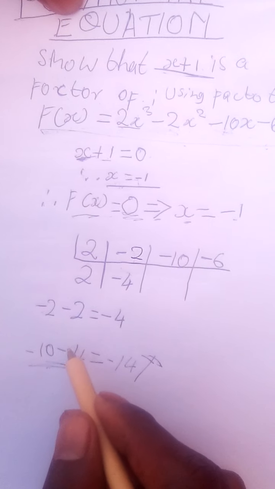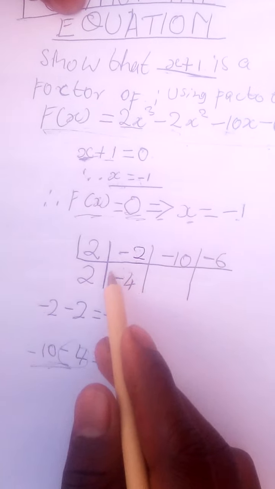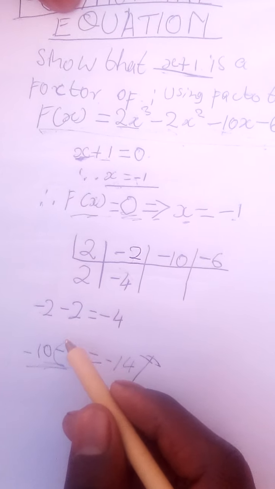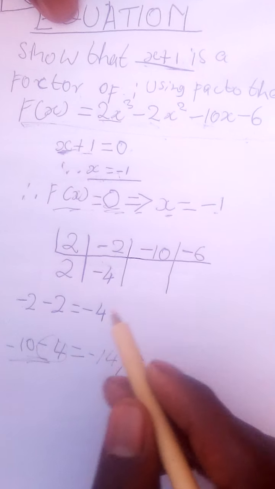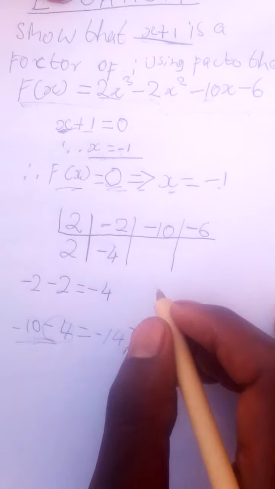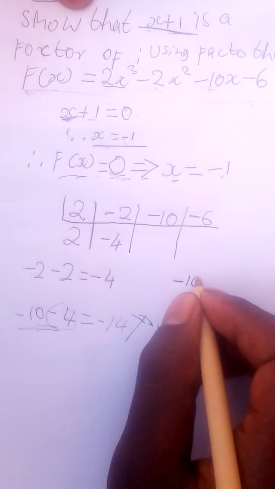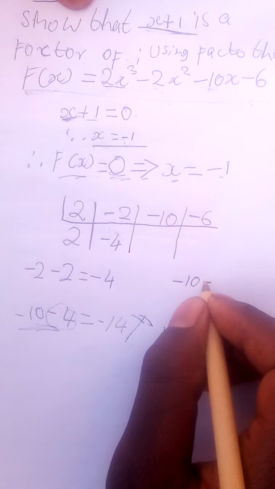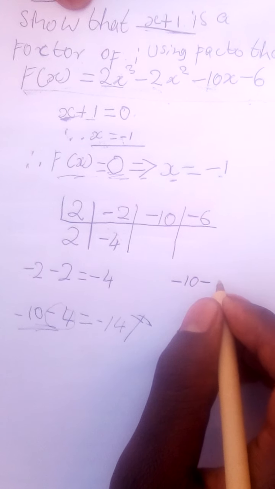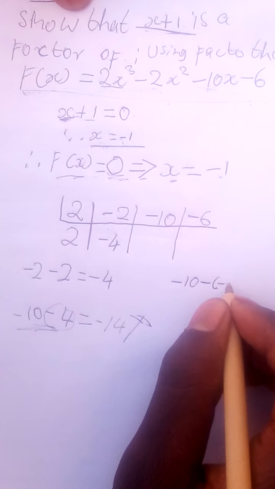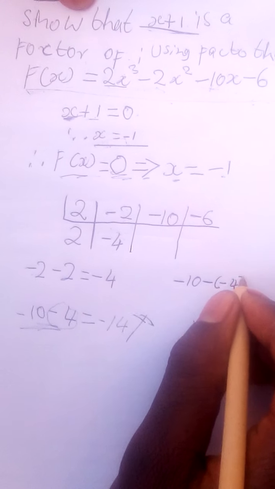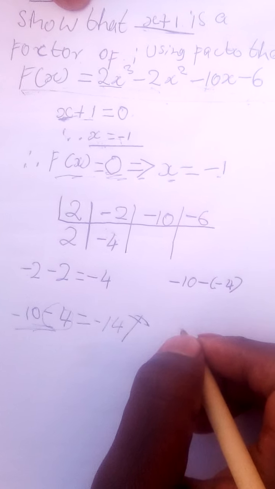You just take that negative 4 as it is. So you need to be very careful when subtracting. Check here when I'm subtracting. I'm going to say negative 10 minus, then I subtract minus into negative 4, because that 4 has a negative.